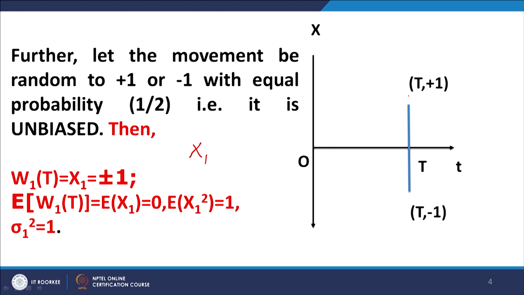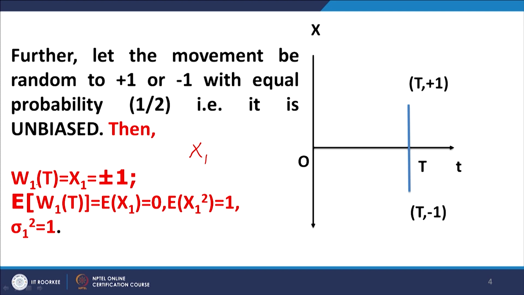Therefore, the possible values that the system can take at t equal to capital T after the first step can be either +1 or -1, which is written usually in the form W1 of capital T. W1 represents the possible values of the random walker at time T, and this can be represented by the variable that we chose, that is x1.